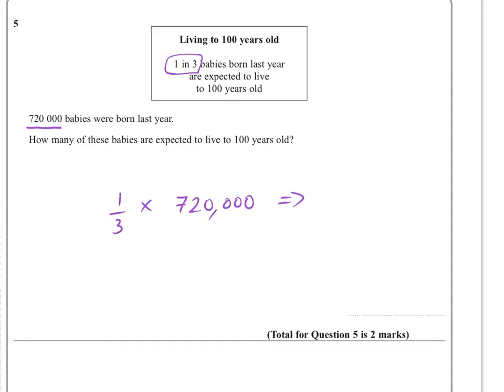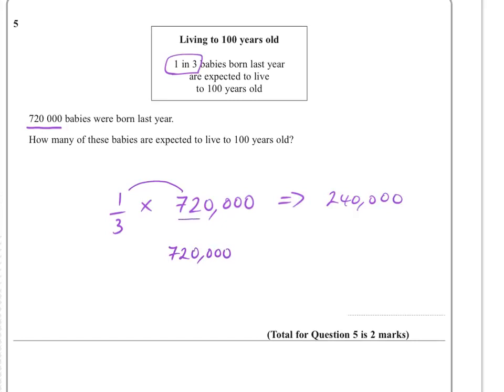You can either do 1 times 720,000 and then press divide 3, and that will give you, I believe, 240,000. Or you can just simply do 720,000 divided by 3. And the reason for that is that because you've got 1 times 720,000, that's just the same as 720,000.